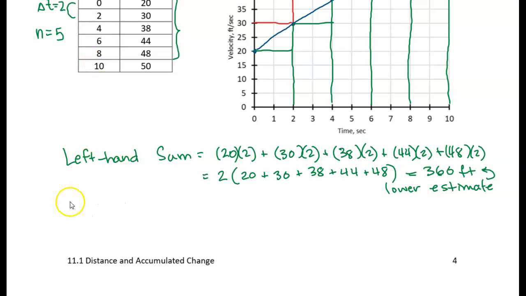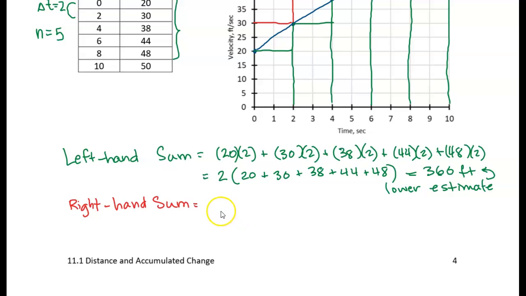So let's take a look at the right-hand sum. We're going to call this the right-hand sum, and it's called the right-hand sum because we're using the right-hand data points. We're using the right-hand data point in each interval to approximate the area under the curve.